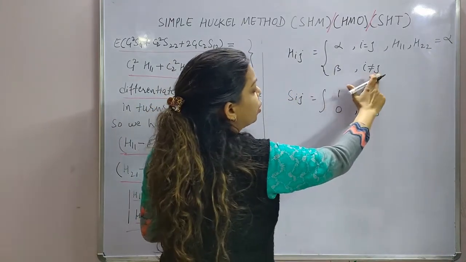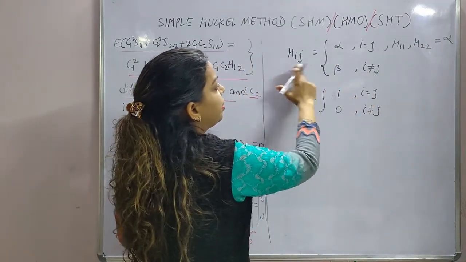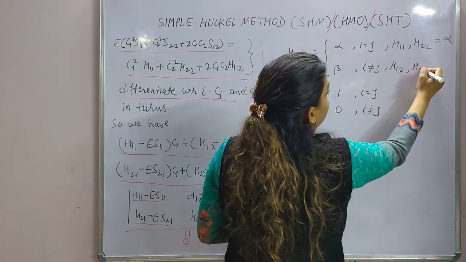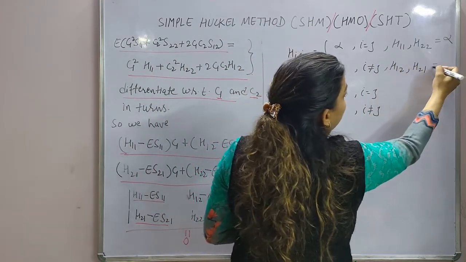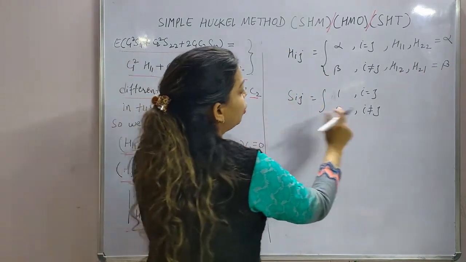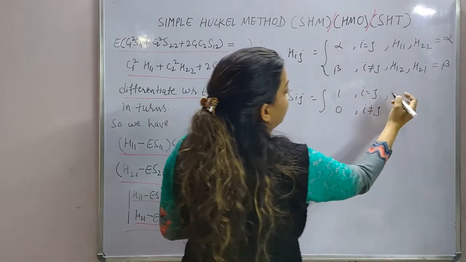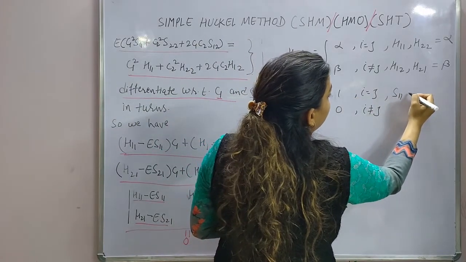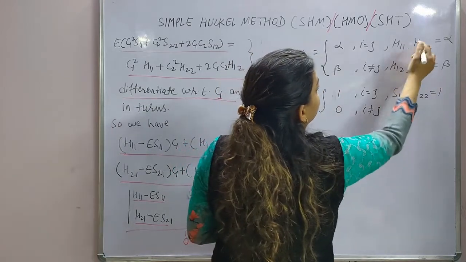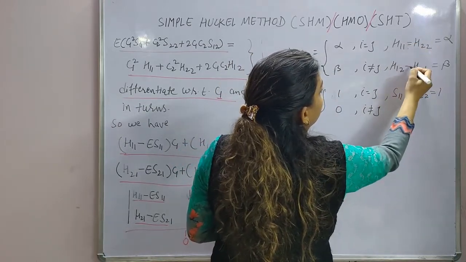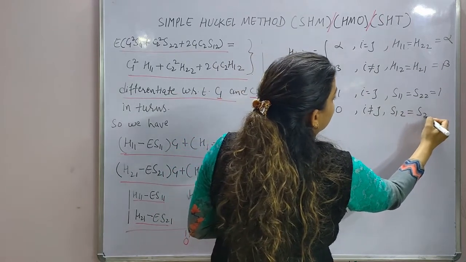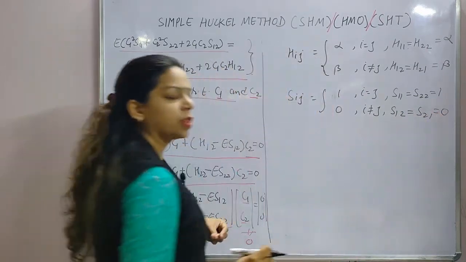When i is not equal to j, this integral will become beta. It means H12, H21 equal to beta, right? Similarly over here also, when i equals j, S11, S22 all equal 1, and S12 is equal to S21 is equal to 0, right?